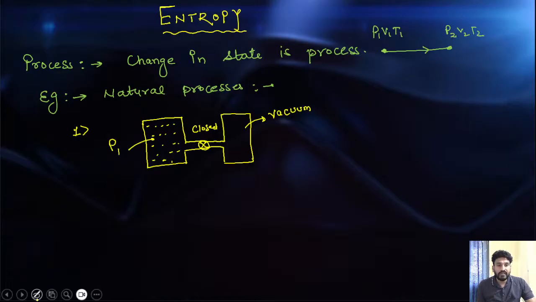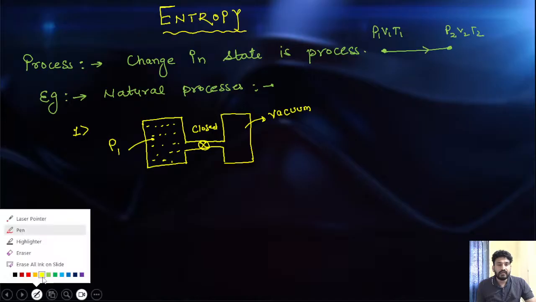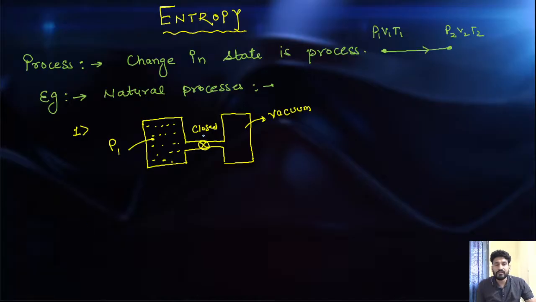Now tell me one thing, if I open this wall at this stage, what will happen? You will say, sir, we know that this gas is flowing from this direction to this direction, and this gas is occupying the space of this chamber also.